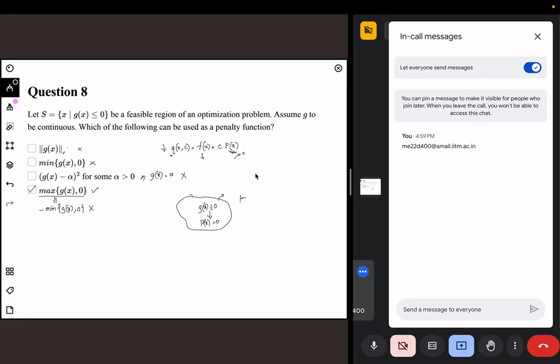To be more precise, the first thing is I don't want the penalty function to be negative. I always want it to be some positive quantity, and it should be 0 only inside the feasible region, and anywhere outside it should be some positive quantity for a minimization problem. If it is a maximization problem, then it would be reversed. Inside the feasible region it should be 0, and outside the feasible region it should be negative.